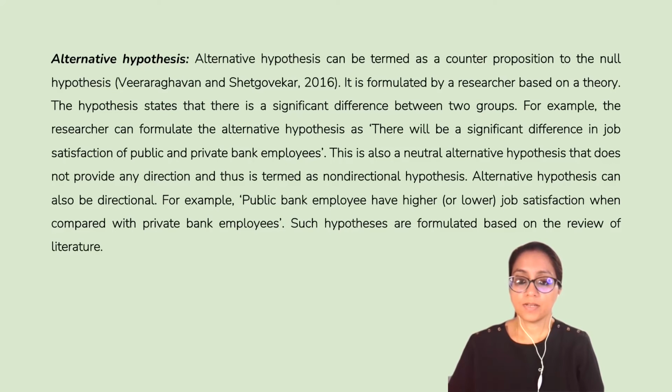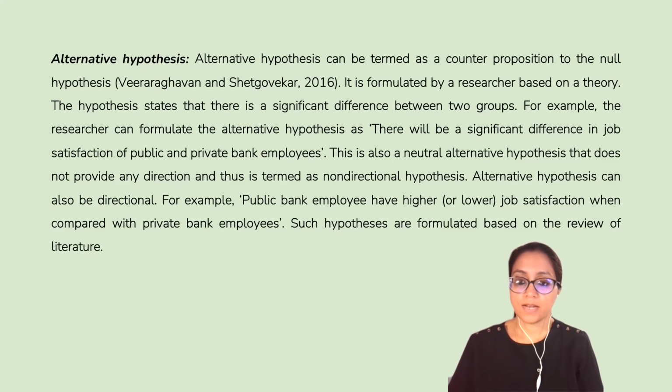For example, the researcher can formulate the alternative hypothesis as there will be a significant difference in job satisfaction of public and private bank employees. This is a neutral alternative hypothesis that does not provide any direction and thus is termed as a non-directional hypothesis.